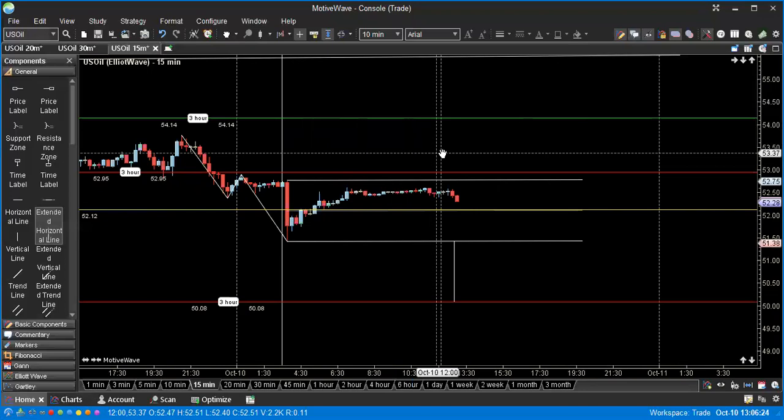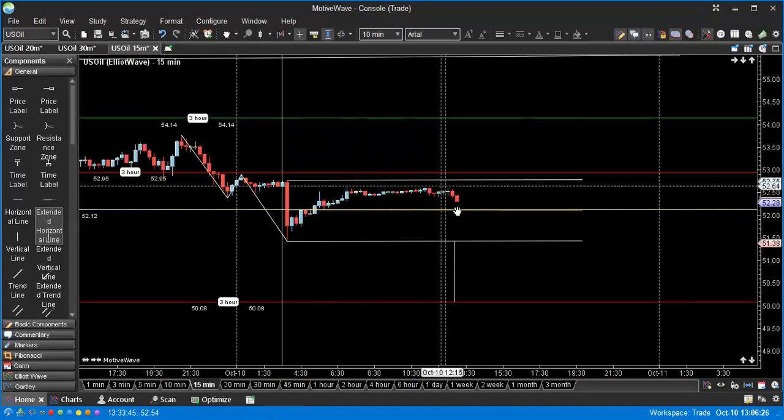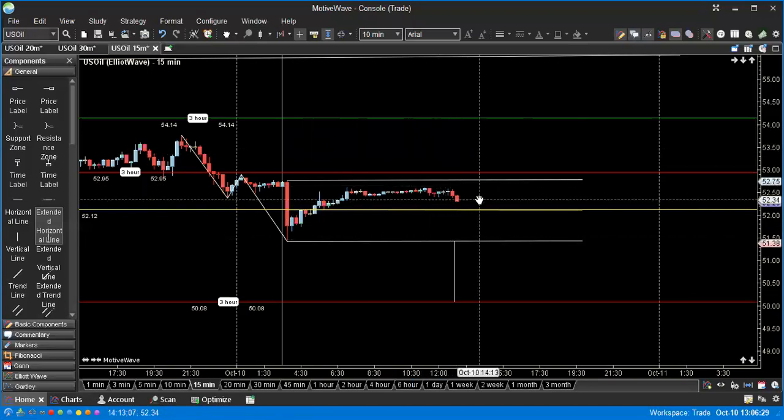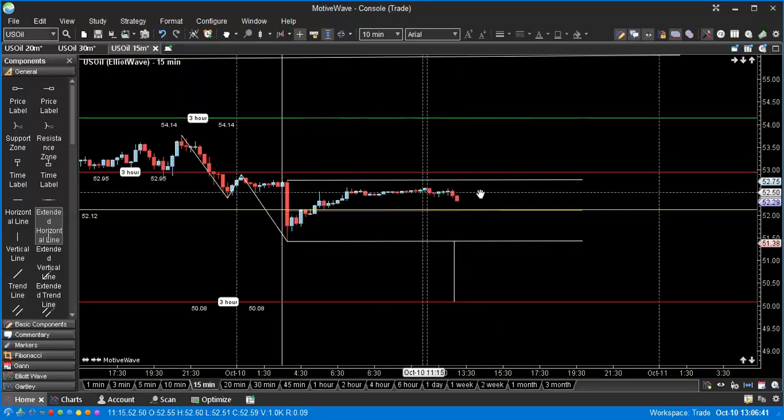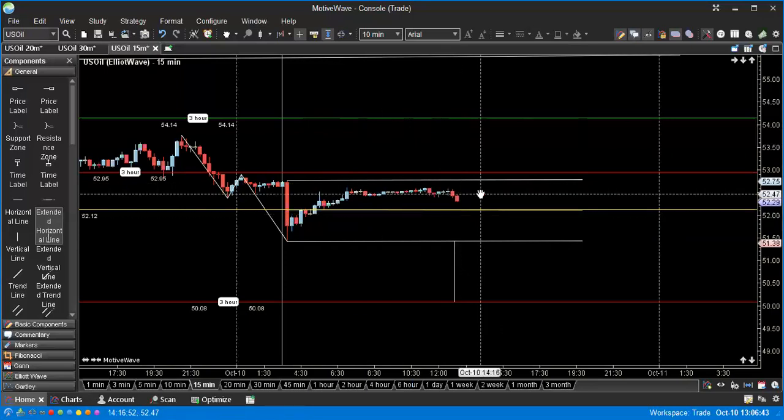But if you combine that with this analysis, the probability of making good trades with a good risk reward ratio is very high, because in this case you will take the SL as the swing low or swing high of this area, right? So in that case your SL will be very small, and the target will be quite double that. So you will have a good risk reward ratio as well.